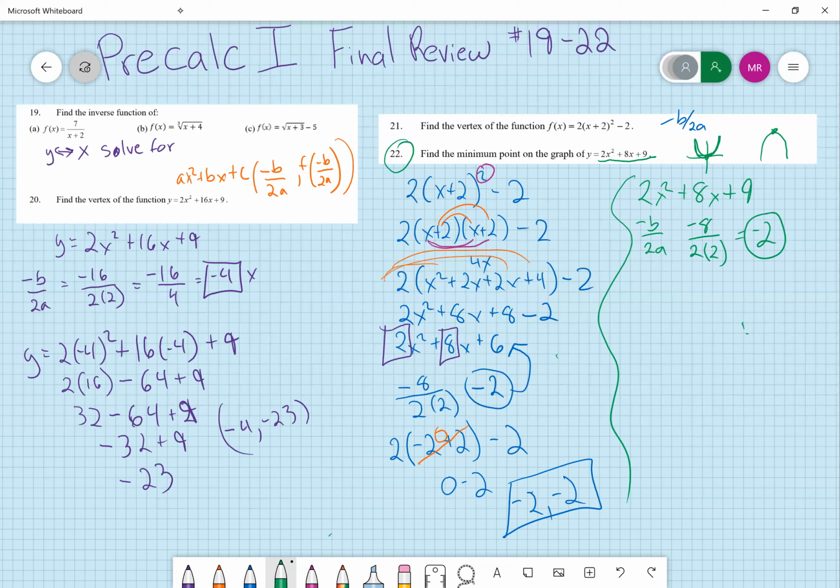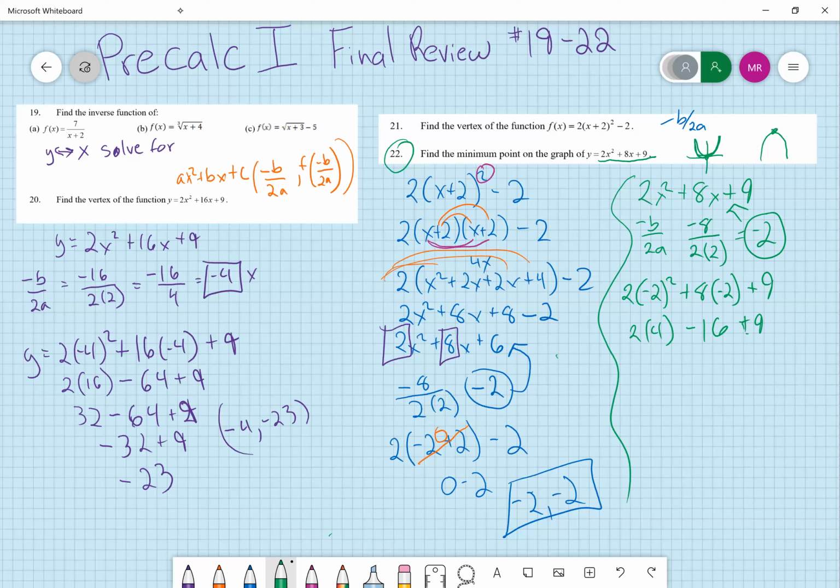Now we have to put it into the equation. So we get 2 times negative 2 squared plus 8 times negative 2 plus 9. Let's see what that gets us. Negative 2 squared is 4, so we get 2 times 4, and 8 times negative 2 is negative 16, and then plus 9.